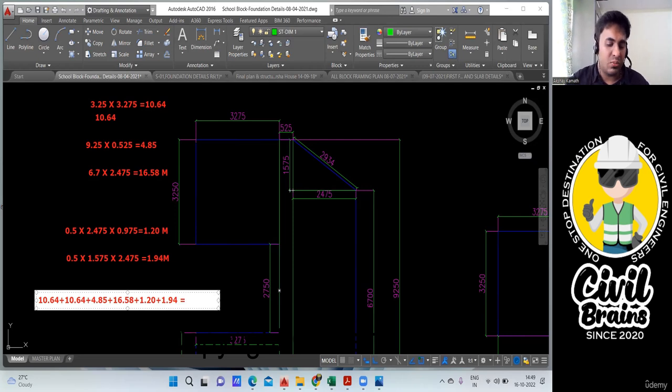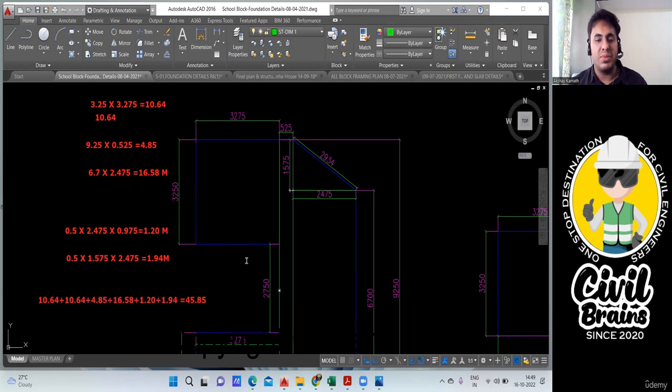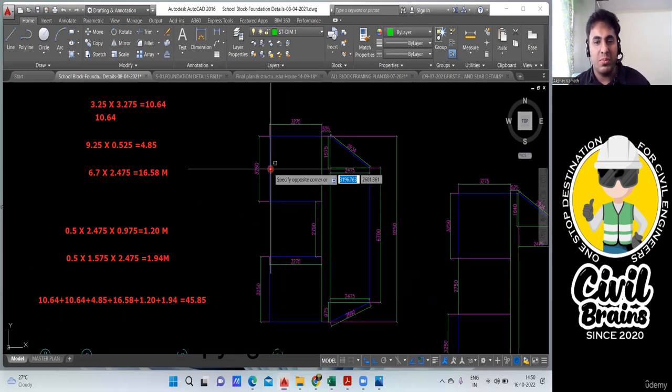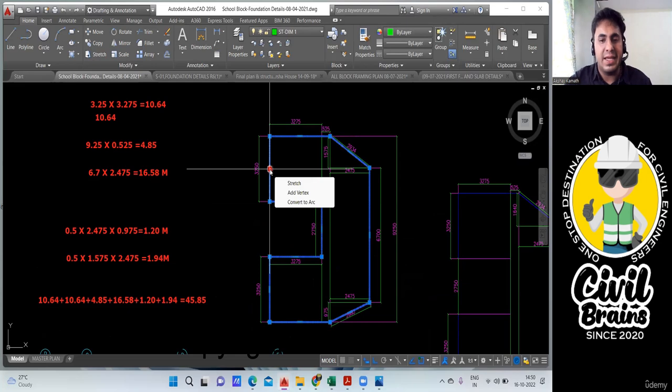So 10.64 plus 10.64 plus 4.85 plus 16.58 plus 1.20 plus 1.94, I'm getting 45.85. This is my area. And let me check what answer I'm getting in AutoCAD. I'll click on this shape. First I need to select LIST. I need to write LIST.